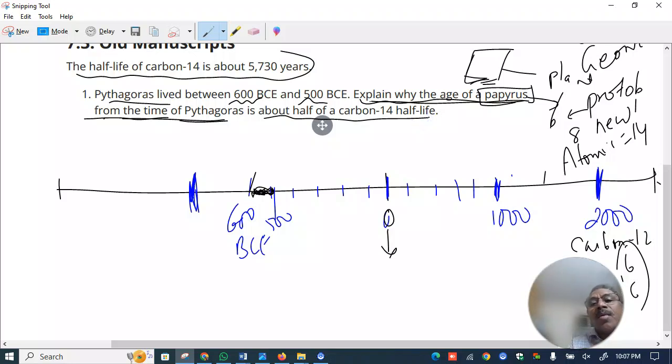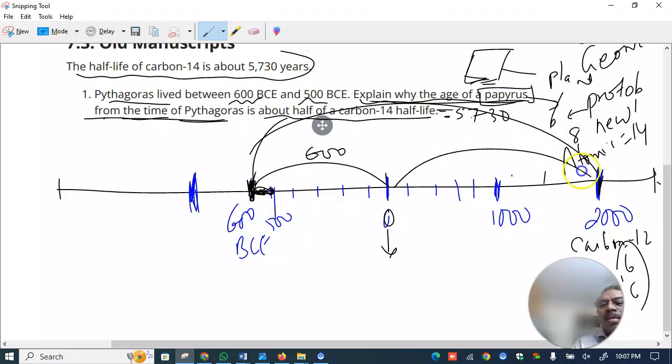Now remember, the half-life of carbon 14 is 5,730 years. Let's think of this as 600, and we are right here at 2,000. From here to here, we have to add this 600 and this 2,000. If you add this, you get 2,600.